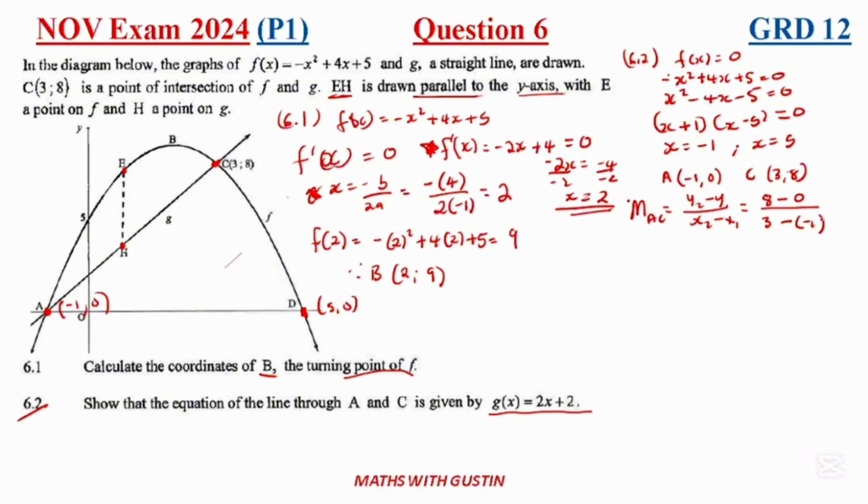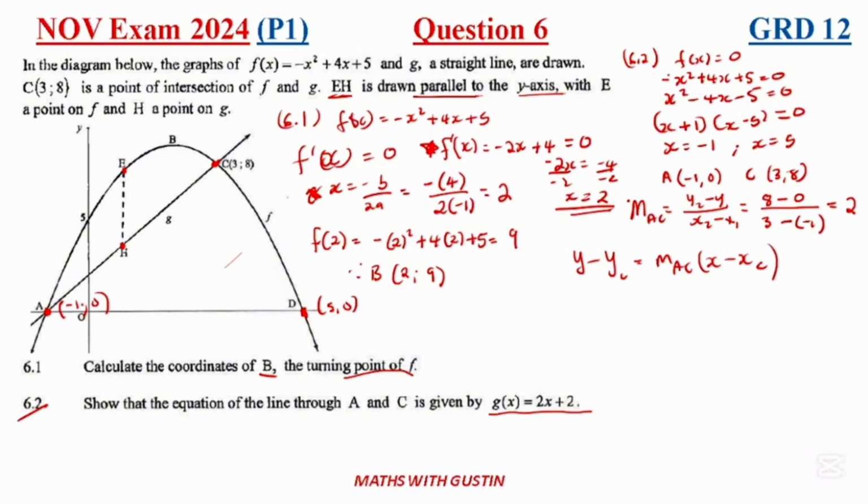Therefore this is going to give us plus 4. Therefore our answer here will be 2. So now you can come here and use the equation of a straight line, y minus y1 equals m times x minus x1. I'm using the point C, because the coordinates of C were given, guys.